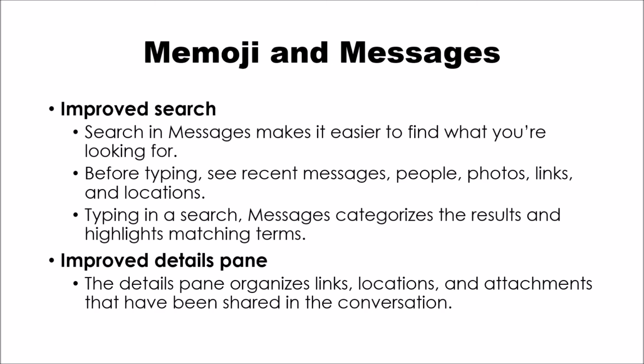And if you type in the search bar, messages categorizes the results and highlights matching terms. That can be handy, especially when you're looking for an iMessage that may have happened in the recent past. They also improved the details pane, so it links different things together when you're doing messages.